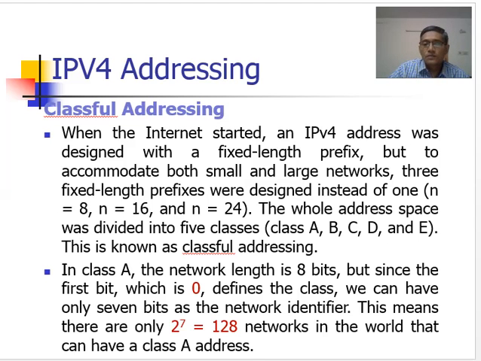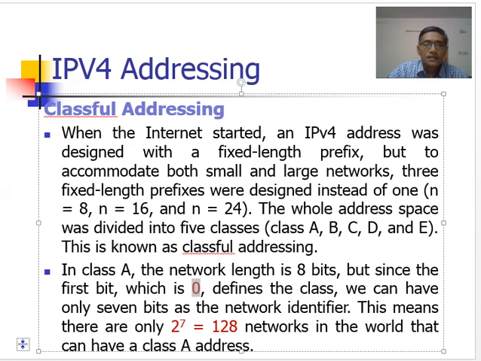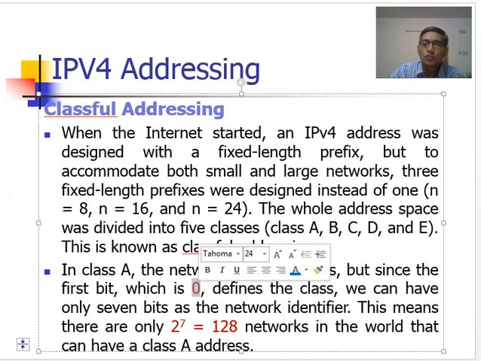So out of 32 bits, we assign 8 bits to the network, and the remaining 24 bits identify the node. Because it is classful addressing, the class is identified with a prefix. In class A, the prefix is 0, that is, the most significant bit will be 0, which defines that it is a class A address.